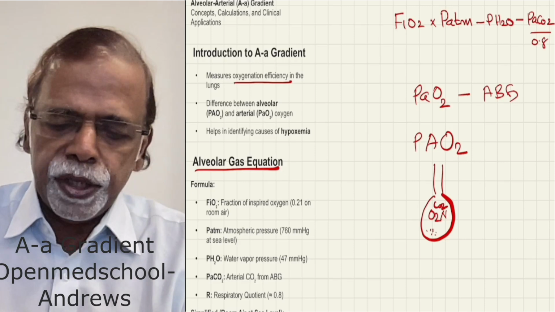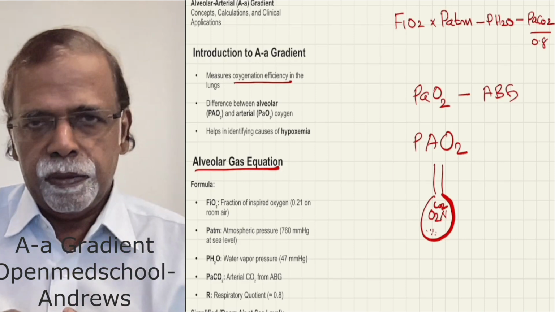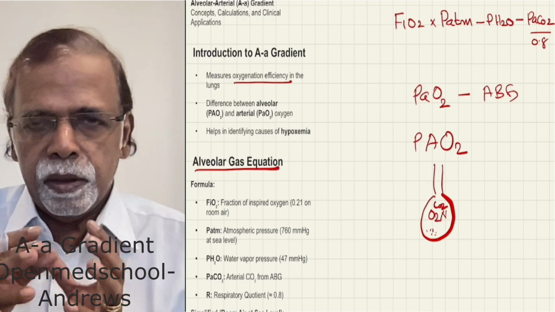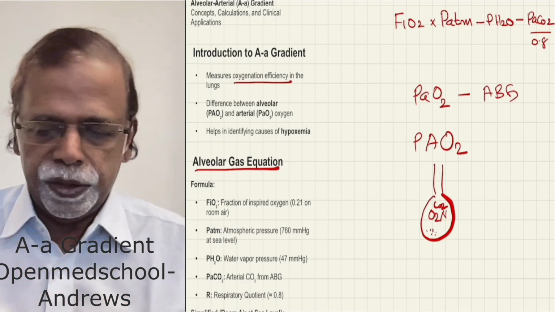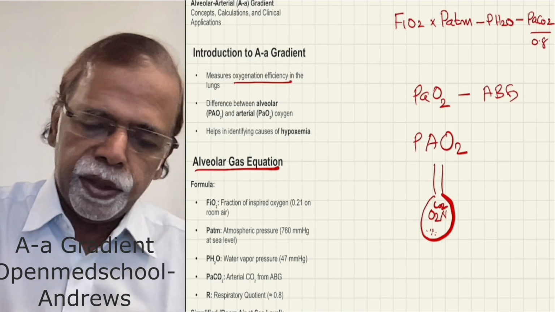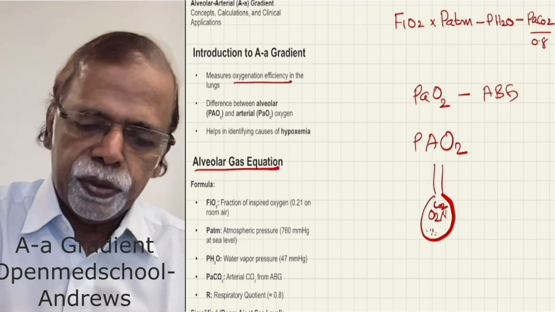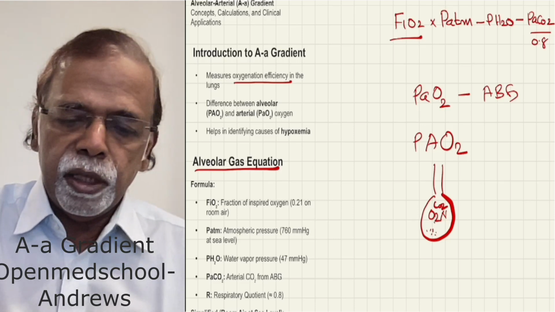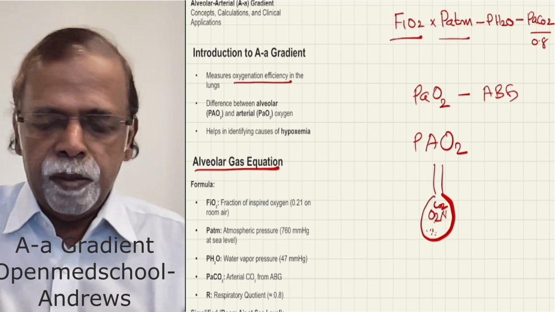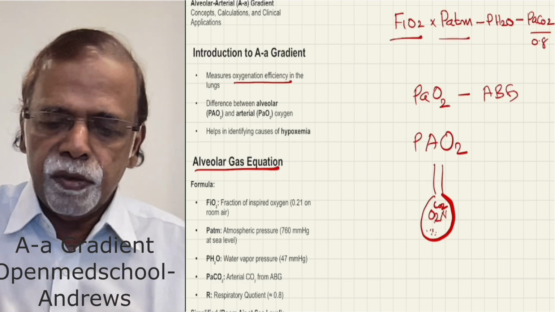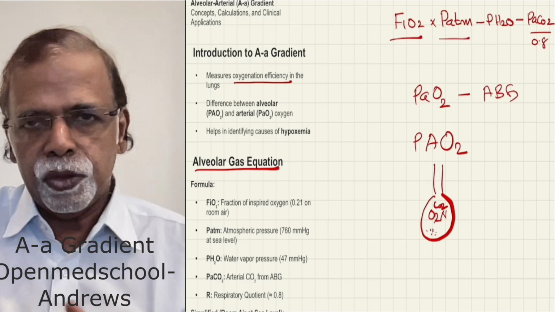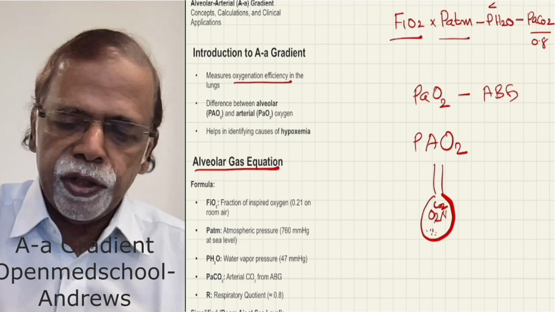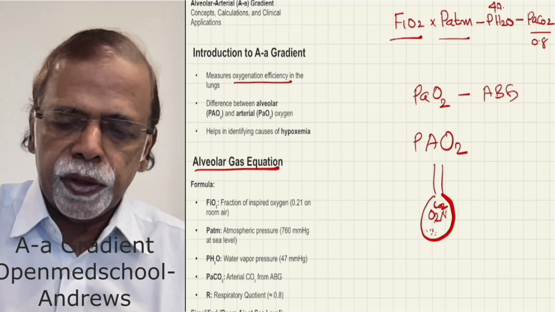So the pressure exerted by oxygen, the alveolar oxygen tension, is calculated by multiplying FiO₂, the inspired oxygen concentration, with the atmospheric pressure. But remember, the alveolus contains water vapor, it is moist, so that is approximately 47 millimeters of mercury.